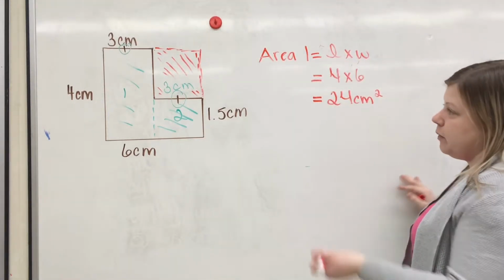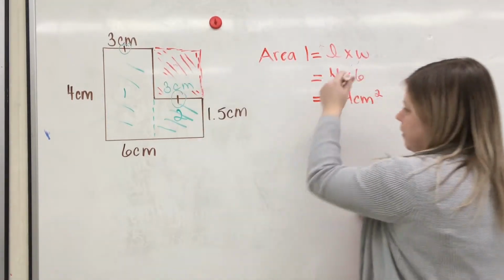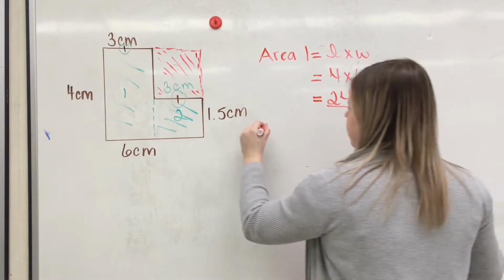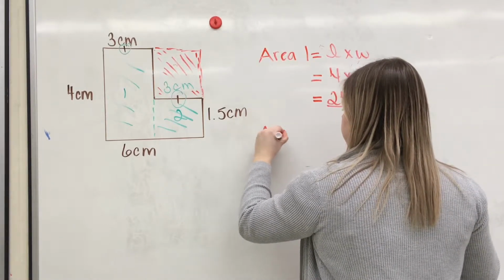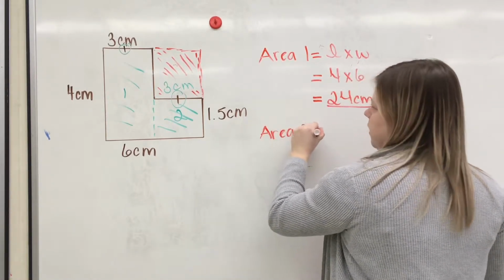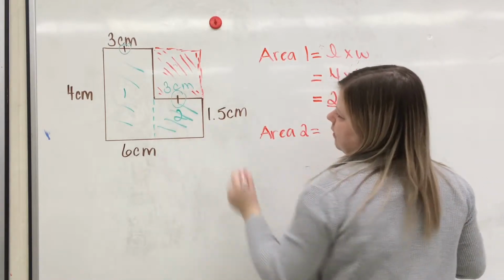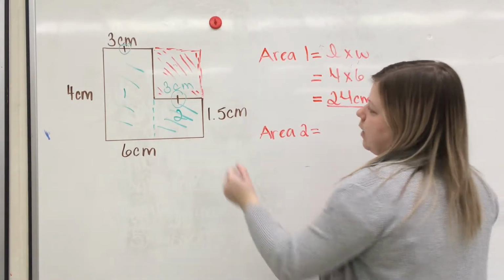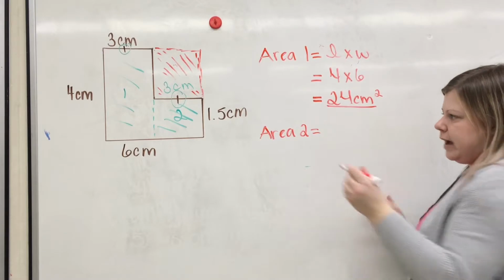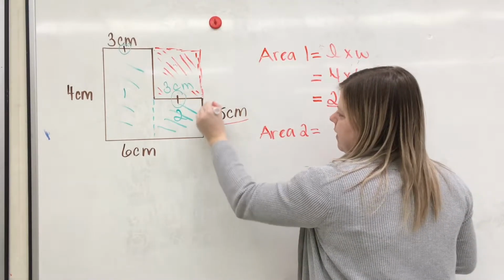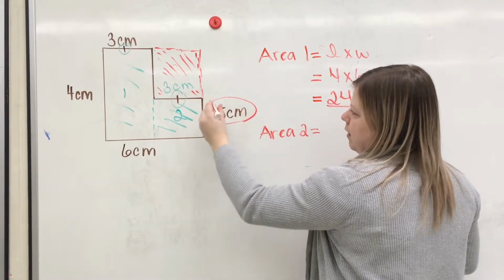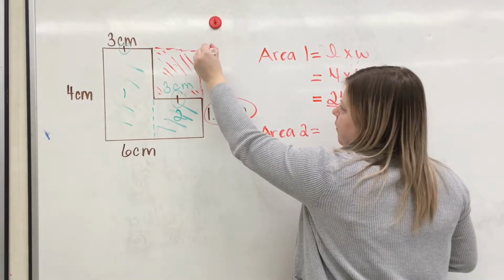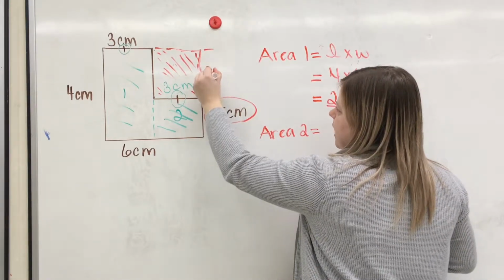So now what we have to do is calculate the area of this and subtract it from this area here. So area number 2 is equal to, well, I've got that 3 centimeters here. I know that now we have to do a little bit of checking. Okay, so I know that this part here is 1.5, and I need to figure out what this is, the unknown.